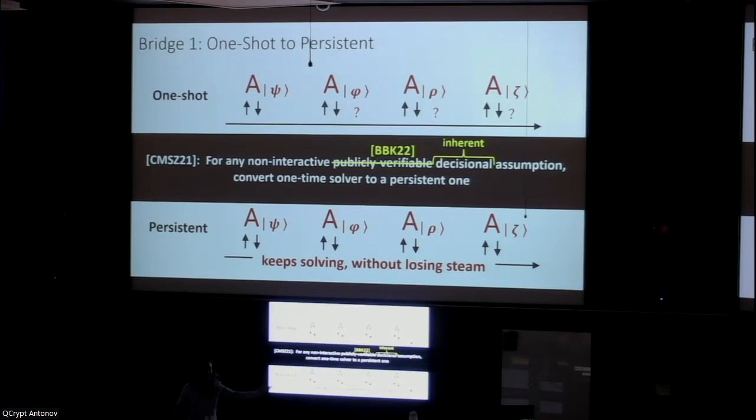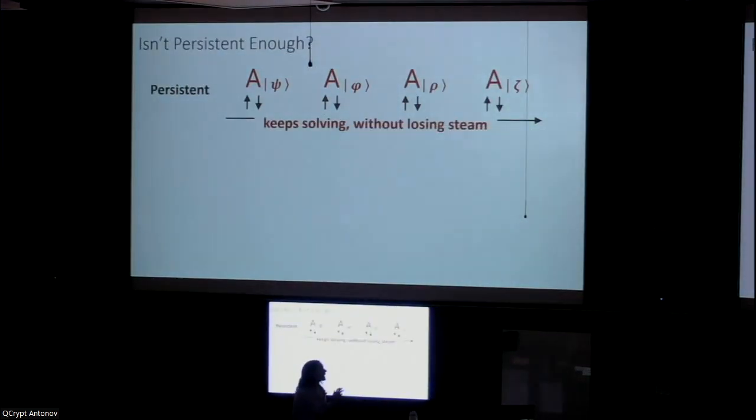So it shows that this technique can be generalized in one setting, and it doesn't need public verifiability, but it cannot be generalized to arbitrary assumptions. Okay, so that's the first idea.